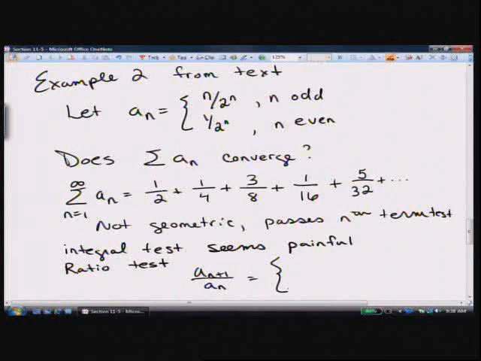If n is odd, then that makes a sub n plus 1 even, right? So it'll be 1 over 2 to the n plus 1 over n over 2 to the n. So how does that clean up?